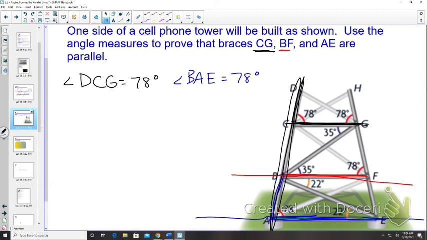So, here are my parallel lines. Here is my transversal. We also have a parallel line up here, and DCG was our first one, right? Yeah. So parallel line and transversal. What is the relationship between this angle and this angle?